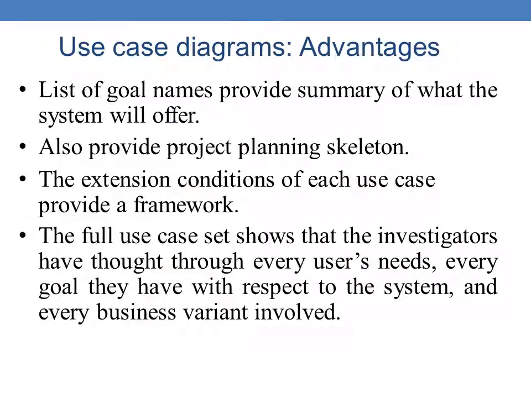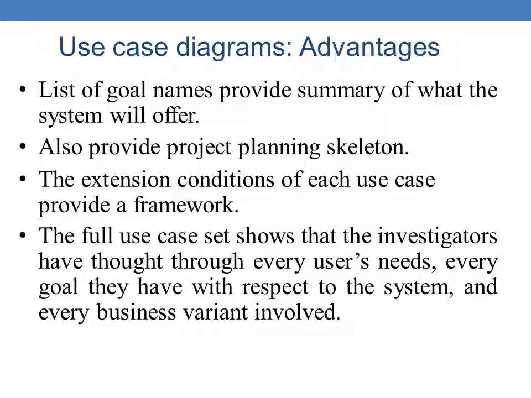So, use case diagram advantages. A list of goal names provides some of what the system will offer. It also provides a project planning skeleton. The extension conditions of each use case provide a framework. The full use case set shows the investigators have thought through every user need, every goal they have with respect to the system, and every business variant involved.